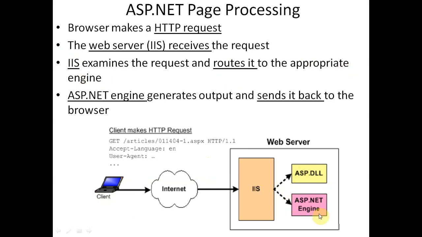Suppose it's an ASP.dll related request, then it will send it to ASP.dll, and otherwise it will send it to the ASP.NET engine. The ASP.NET engine generates the output and sends it back to the browser, and accordingly the server will generate the output and send it back to the client. So this is the client server processing of ASP.NET.